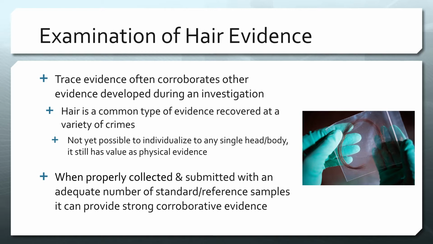They have had partial success of individualizing with the advancement of DNA analysis. When properly collected and submitted with an adequate number of standard reference samples, it can provide strong corroborating evidence.